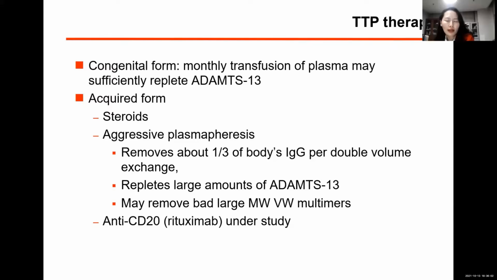Replacing large amounts of ADAMTS13 may remove the abnormal large molecular weight multimers. Anti-CD20.